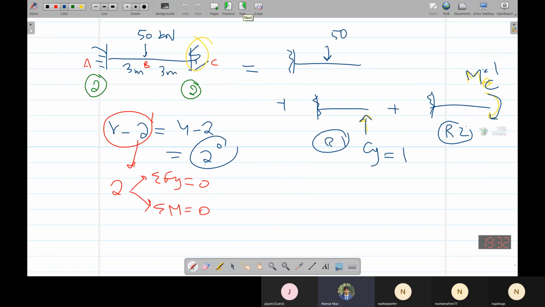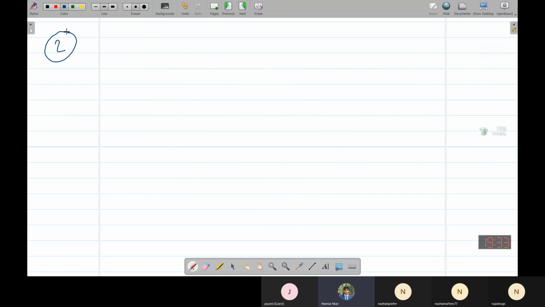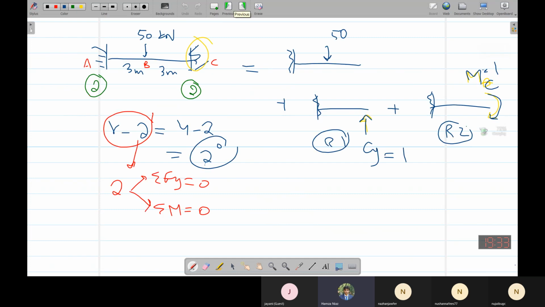For the second case, we'll get two compatibility equations because the degree of indeterminacy is 2. So let's draw. This is our primary structure.